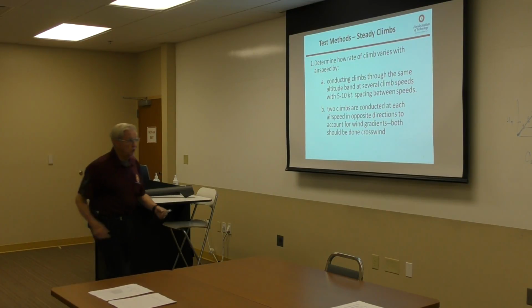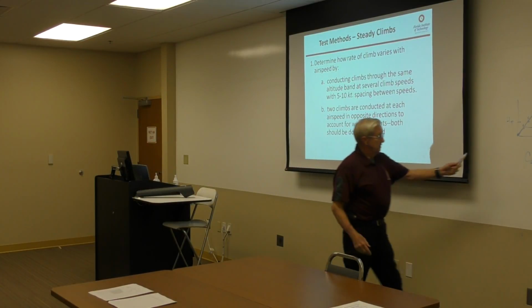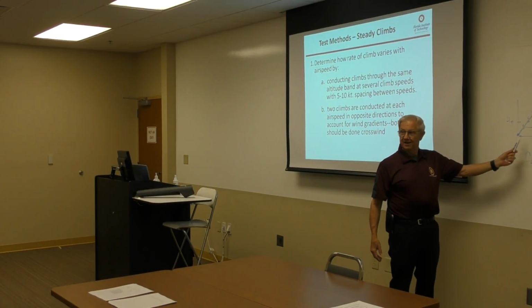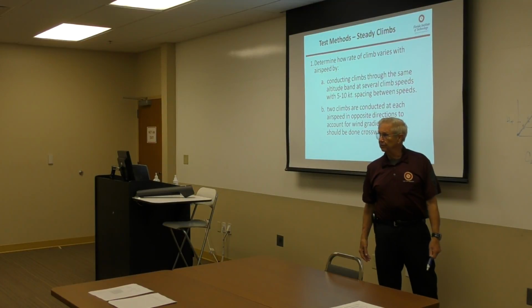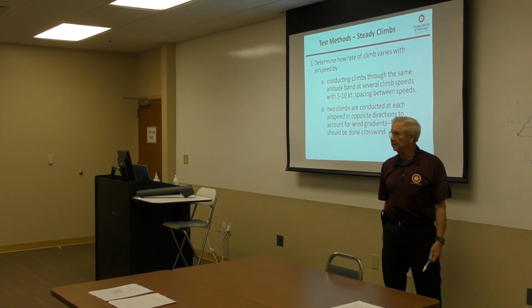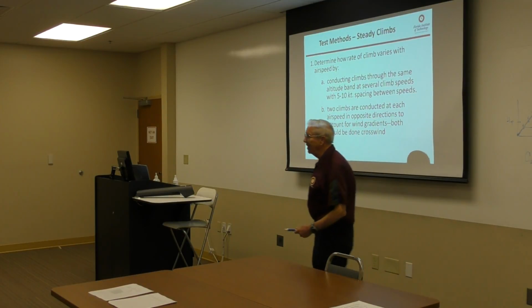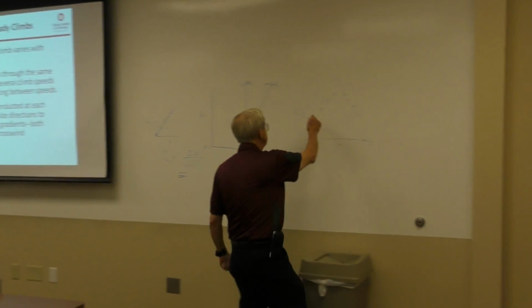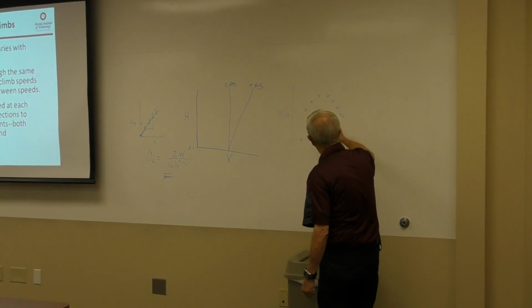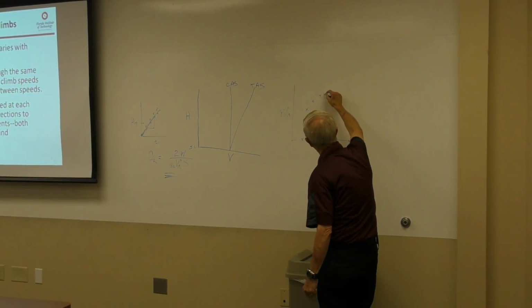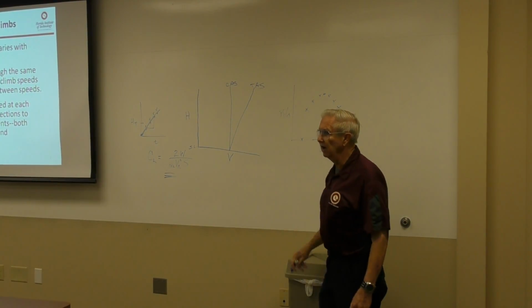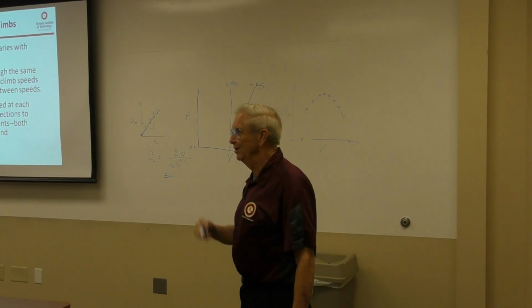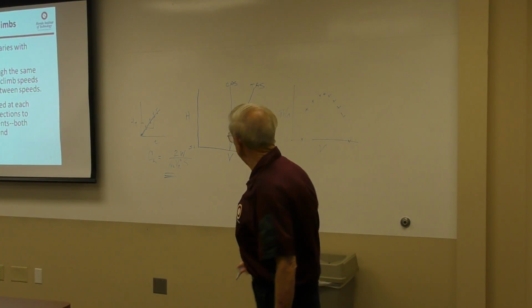We will do 2 or 3 of these kinds of plots at different altitudes, but we'll only be looking to get the rate of climb at the best rate of climb speed. Notice here that if we do these every 5 knots, probably the best rate of climb speed is right there, right? So you wouldn't have done a climb at the best rate of climb speed.